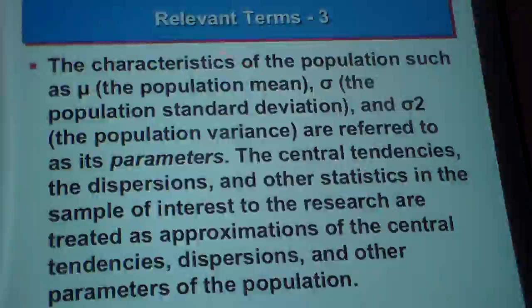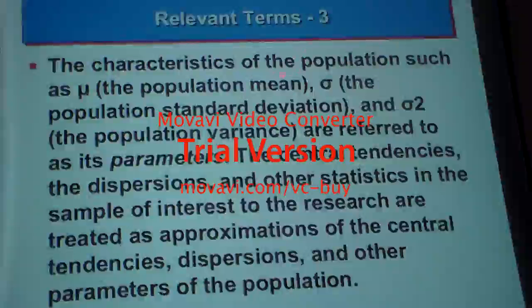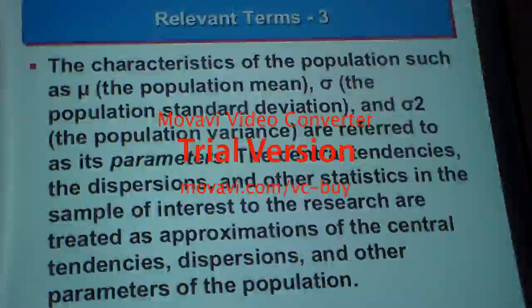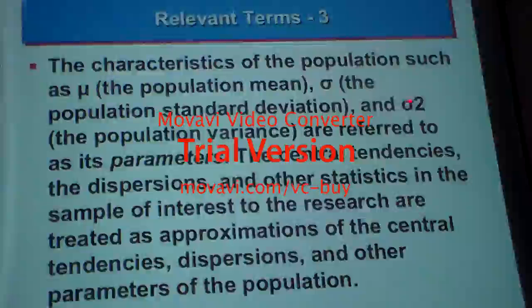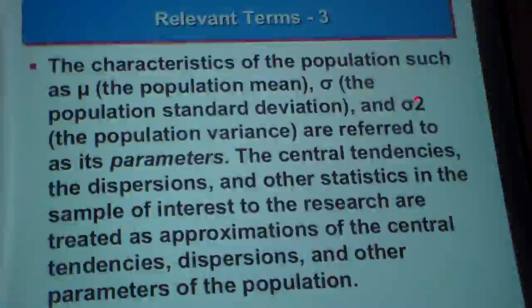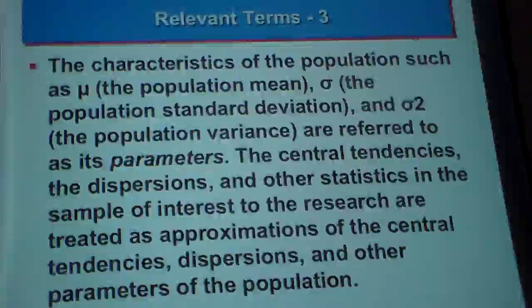Parameters or characteristics. If we have a population, we need to calculate some statistical characteristics, which are mu and sigma square. These are called parameters.